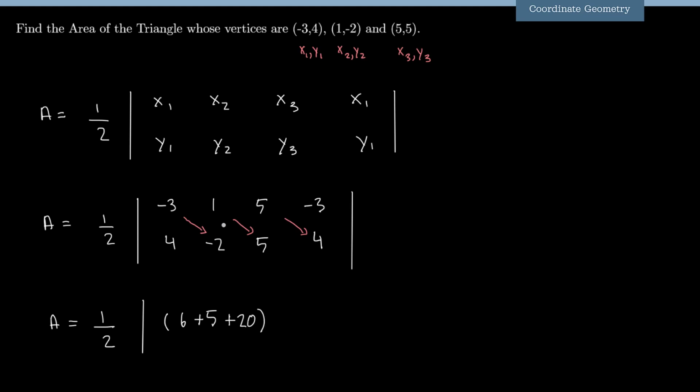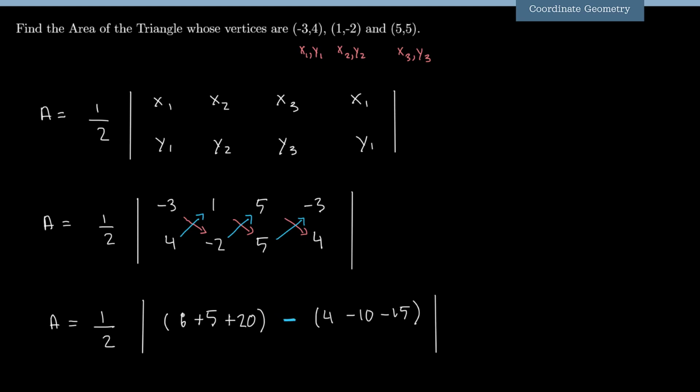Now I am going to multiply the numbers in the other diagonal. So 4 is going to get multiplied by 1, -2 is going to get multiplied by 5, and 5 is going to get multiplied by -3. 4 times 1 is 4, and then -2 times 5 is -10, and then 5 times -3 is -15. And then modulus close. And in between these two brackets, there is going to be a minus sign.